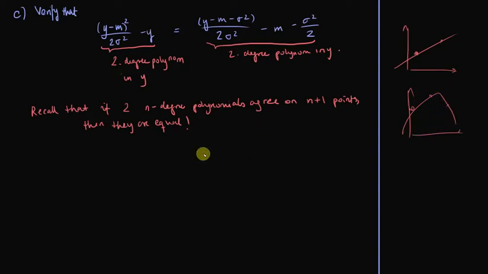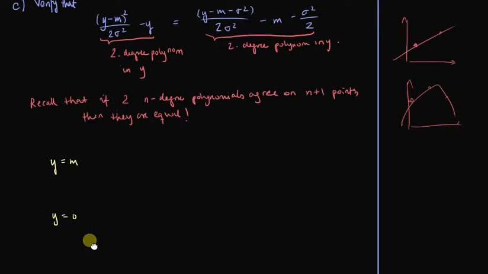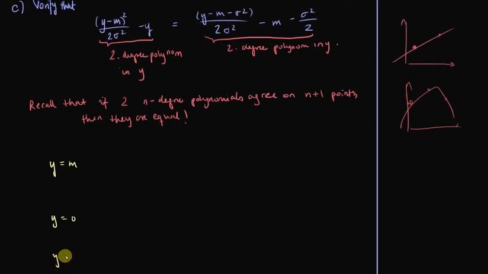And therefore, I suggest choosing y equal to m, y equal to 0, and y equal to m plus sigma squared. Because for y equal to m, you can see that the left-hand side is equal to minus y, because the entire first term is equal to 0.